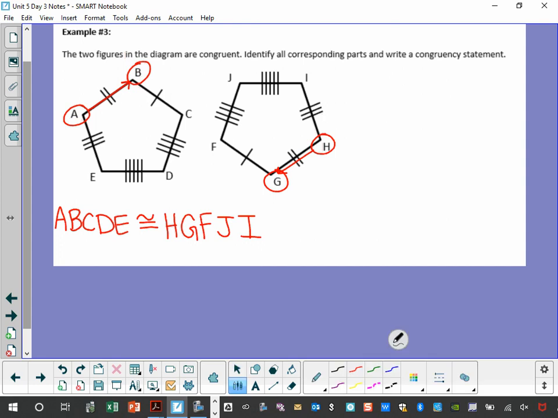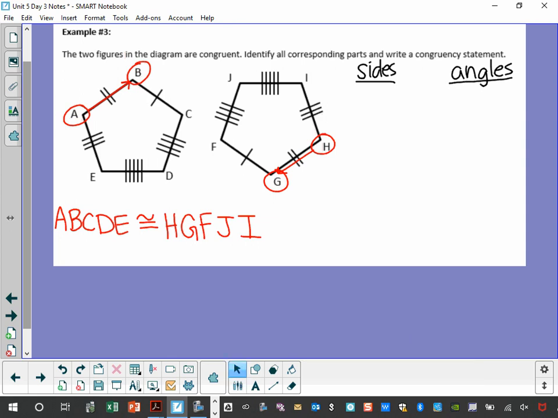All right, on your paper to the side, I want you guys to write sides and angles. When it says list all corresponding parts, that's what that means. So we're going to list all of our corresponding parts. All right. What side matches up with AB? HG. Okay, so did you look at the picture or your congruency statement?